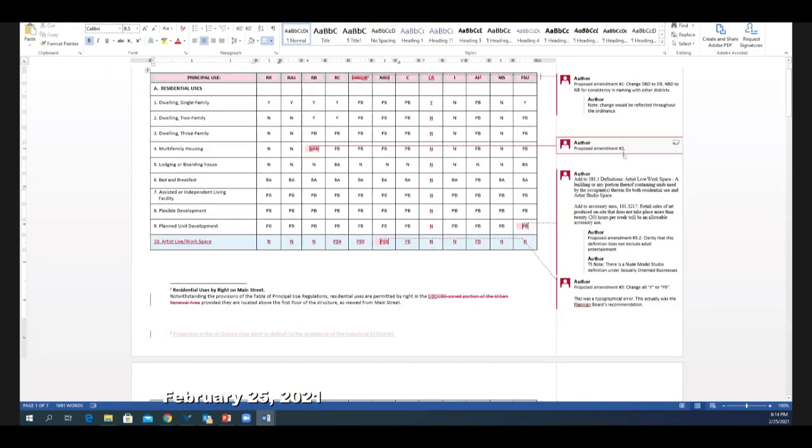That's fine. The second proposed amendment is to change multifamily housing from planning board in the RB district to N, where it would not be an allowed use. And just to clarify, the residential districts in the city, you have the RC district, which are the kind of residential districts closest to downtown, Lower Cleghorn as well.